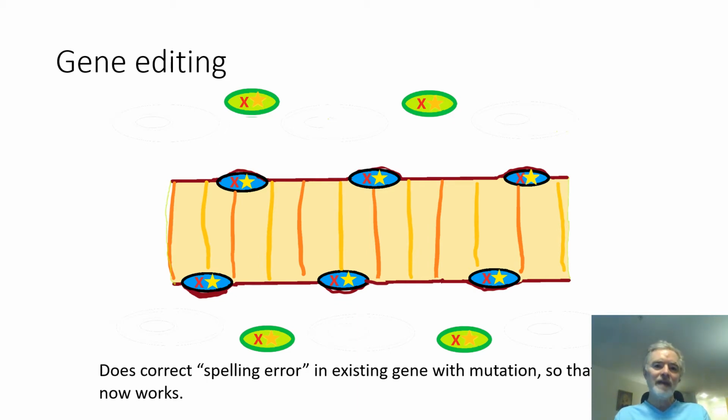And one of the things that is true of gene editing is that every particular edit can only fix one particular spelling mistake. So if you've got one spelling mistake in one copy of the gene and a different spelling mistake in the other copy of the gene, the two can't be corrected at the same time, which is kind of an important limitation.